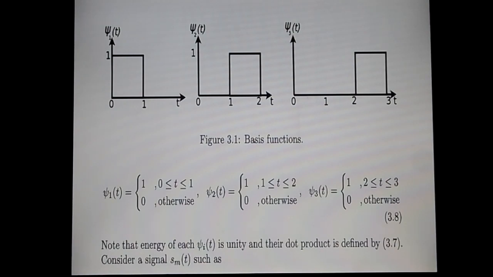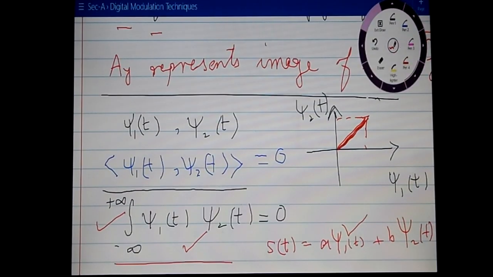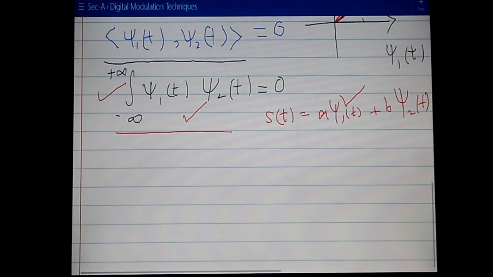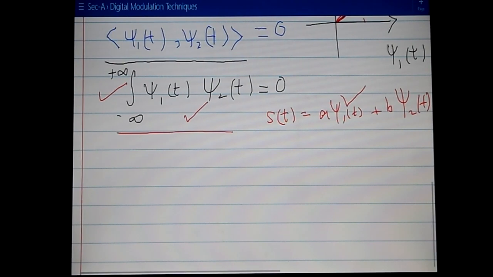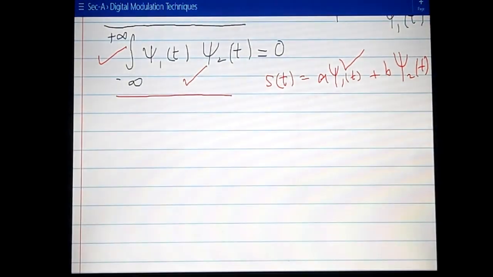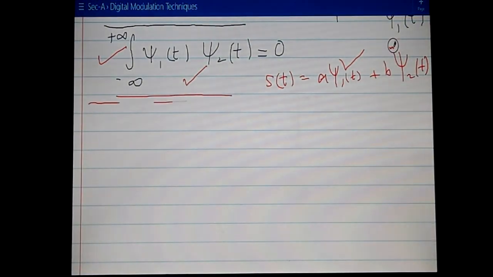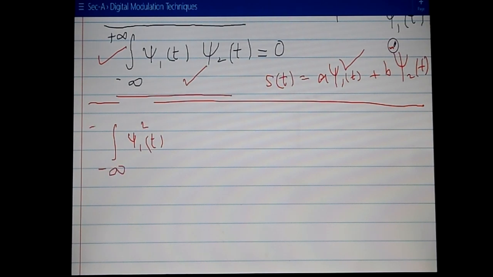So I would like you to find their energies just using this expression. I'll find the energy of one signal for you, and you have to do it for the rest of the signals. So for psi 1 of t, if I try to find out the energy of psi 1 of t, I need to integrate its square from minus infinity to plus infinity.